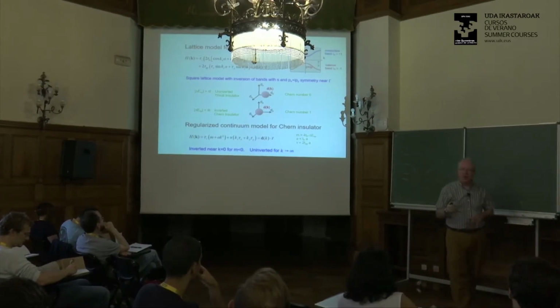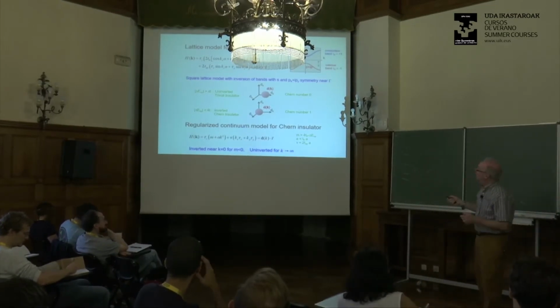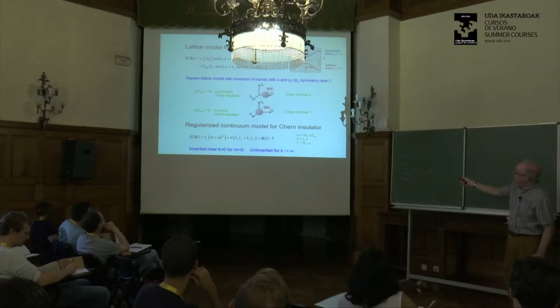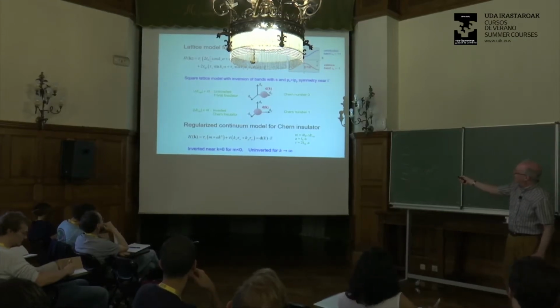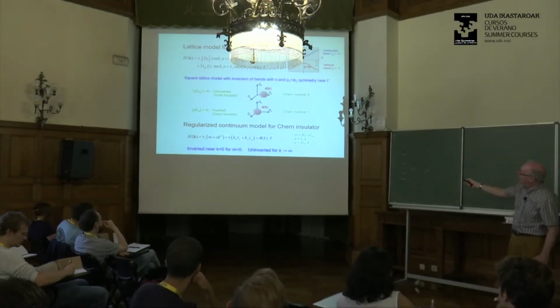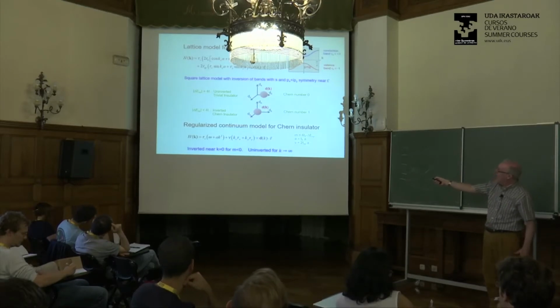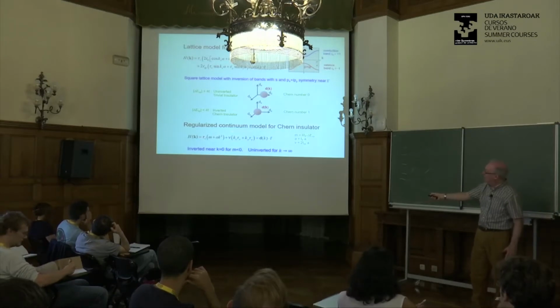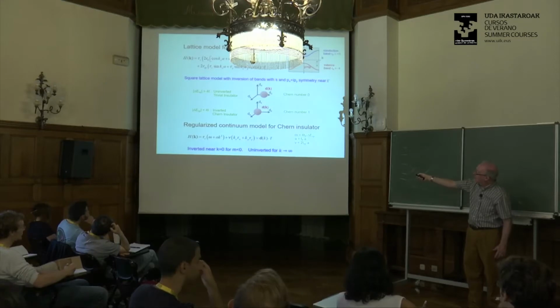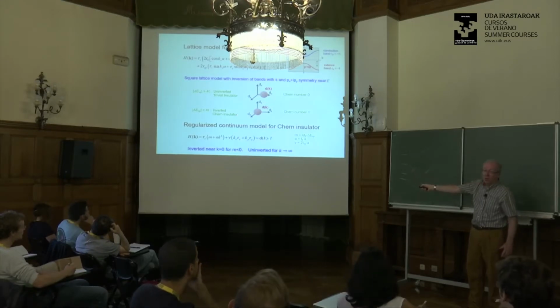There's an even nicer model that you can write at low energy. Let's suppose you start very close to where these two bands are just about to touch, and then do a low energy theory right around the touching point. You can expand for small k, and if you do that, you get a Hamiltonian where the tau x and tau y terms are kx times tau x and ky times tau y.